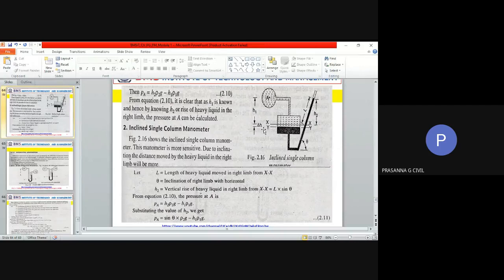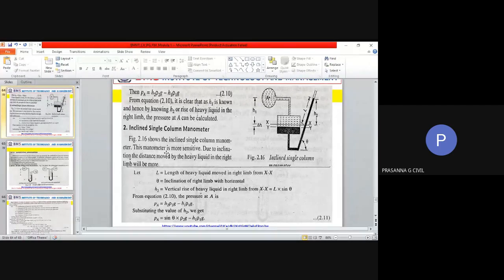Okay, and then it becomes an inclined manometer. But in your mind, you should have that when there is an inclined distance, the inclined distance becomes more compared to the vertical distance. Hence, we need to be able to calculate the vertical. That's the only point. So the figure shows an inclined single column manometer.